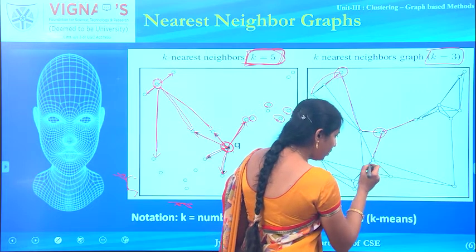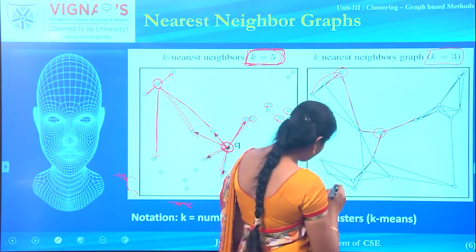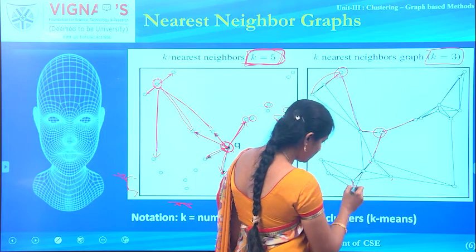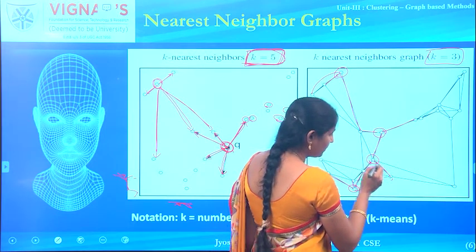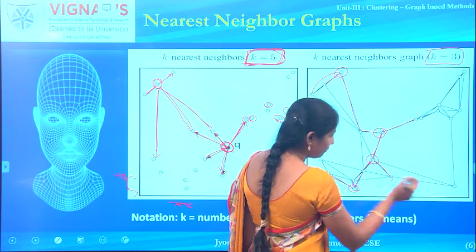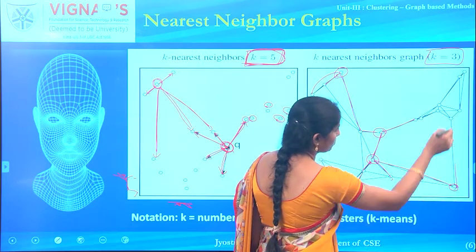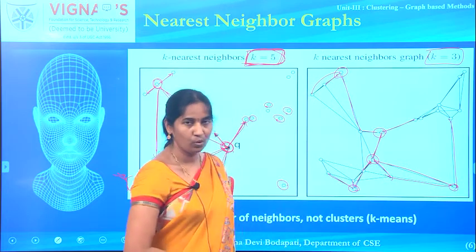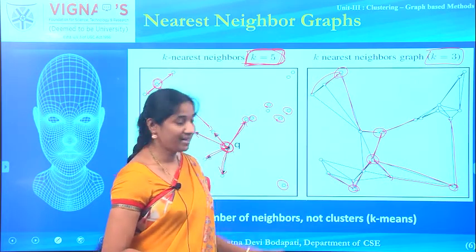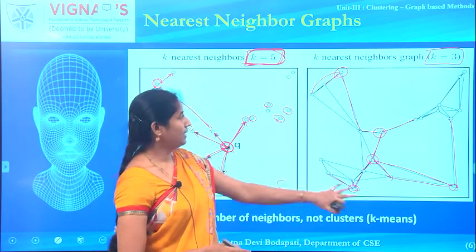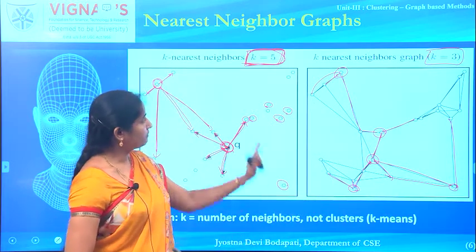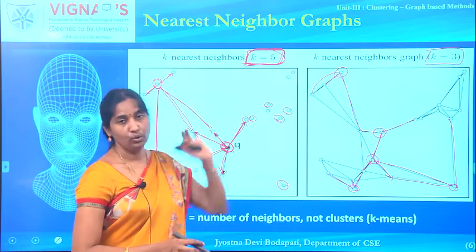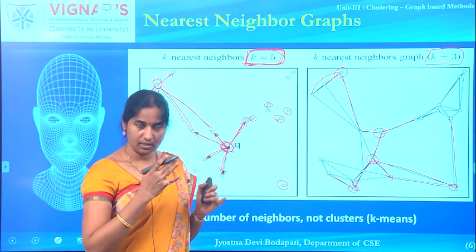From every object, at least 3 edges would be there. Here 3 edges, and here you are seeing more edges, because from this object these 3 are close, but from this object these are close. That is the reason why we are getting more edges associated with that node. That is the process to be followed to construct a k nearest neighborhood graph.